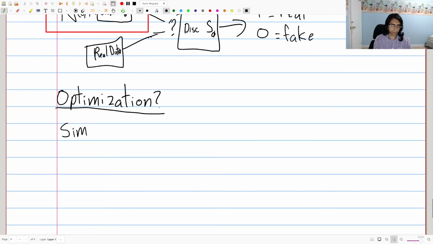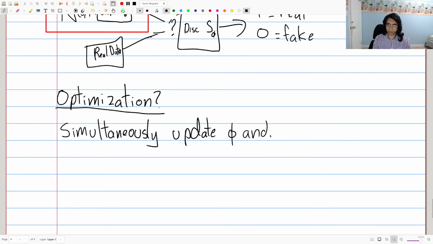So the main thing is to simultaneously update phi and theta using gradients. And let me just write this down, just to be really clear about what I mean by this. So we update phi.